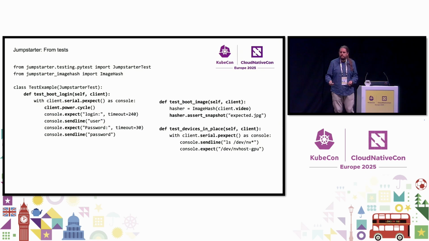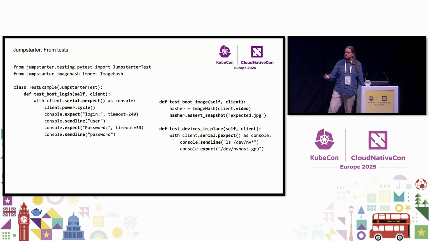And if you are writing tests, we also provide some helpers for PyTest so far, but we are open to any other frameworks. And this is an example of testing. It abstracts the part of getting a client, and you can just use it. So in this example, the first test is going to boot a Linux device with a serial port, make sure that it can log in.